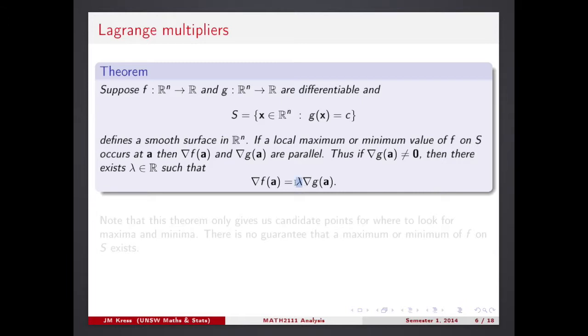The method is called the method of Lagrange multipliers. This coefficient which appears there is the Lagrange multiplier. When you write up the Lagrange equation, the next step is solving this system, finding those points which satisfy this equation.